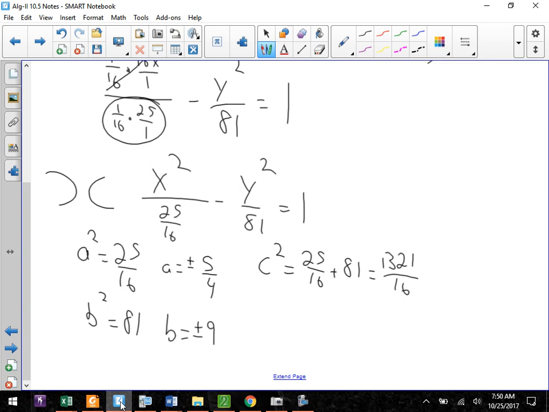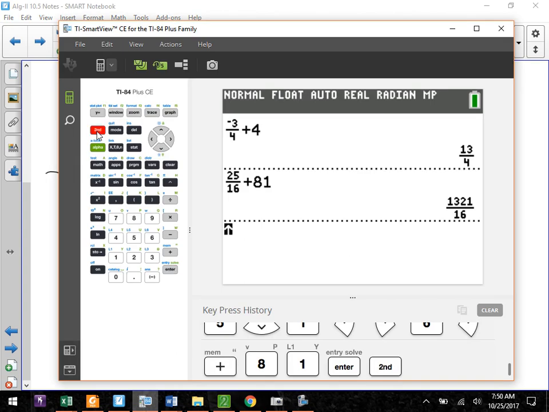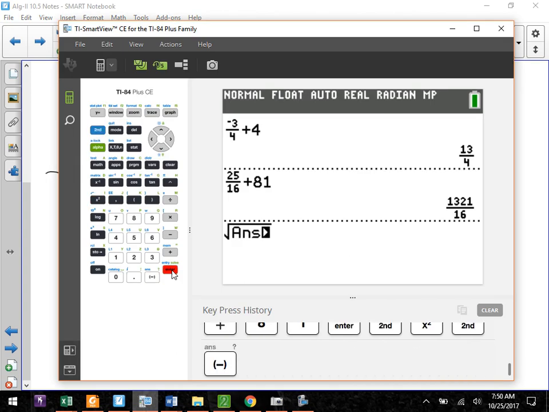Hey, is that a perfect square? No. If it's a normal-ish number, like 121 over 9, it should come out as 1/3. But sometimes it doesn't. I don't think 1321 is anyway. We can always check it.